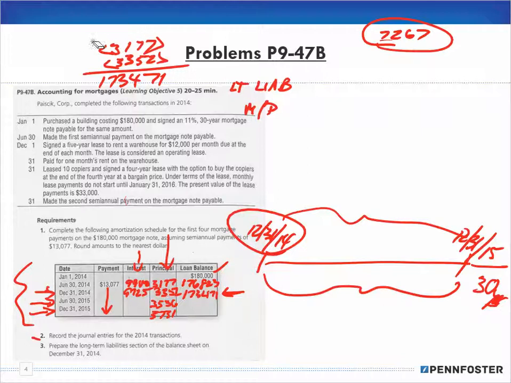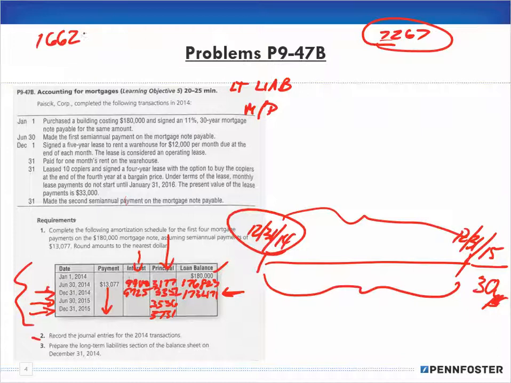So the book is kind of saying, okay, there's 160. The solution says there's 166,204. Well, how did we get to 166,204? That should be your principal amount at the end of that period.